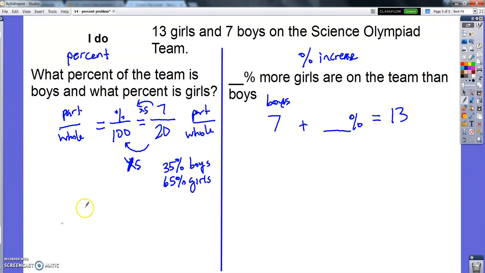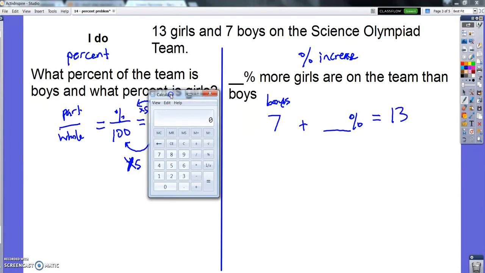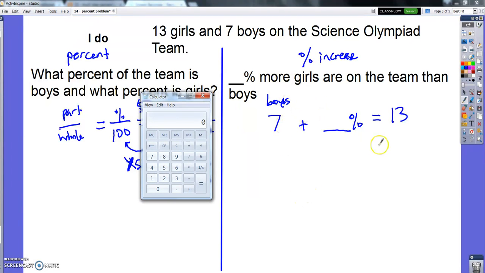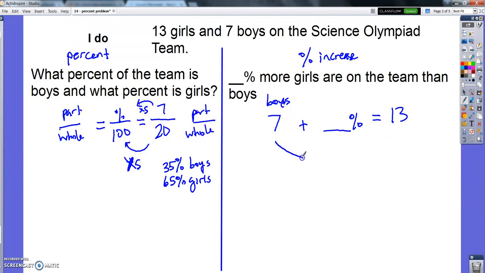This is a more complicated percent problem to solve. I'm going to need my calculator, I think. So here's how I'm thinking about this. 7 boys plus some percent makes 13. I'm adding, there are 6 more girls. That's not 6% more. There are 6 more girls on the team than boys. And I want to know what percent that is out of 7. What did I increase 7 by to get to 13?